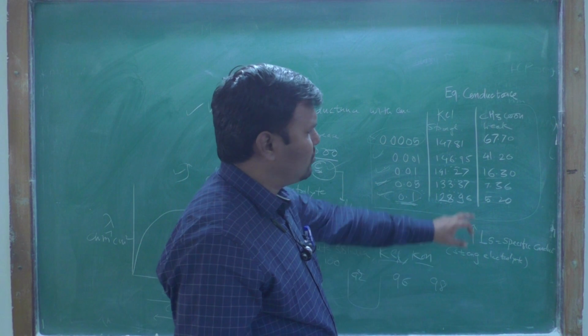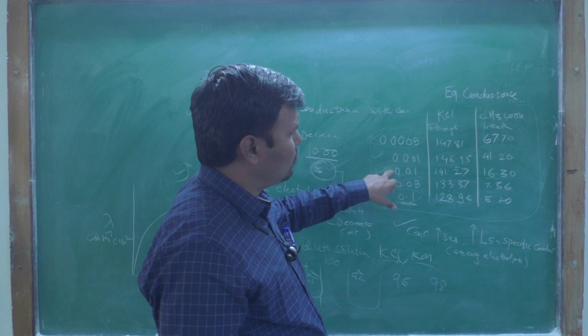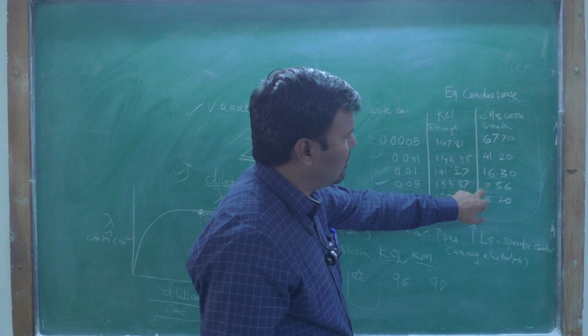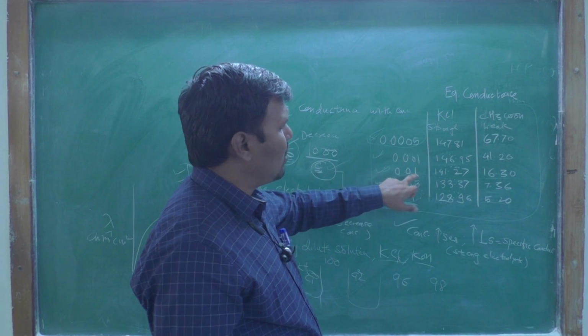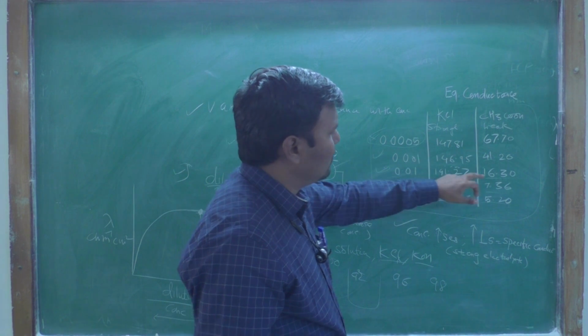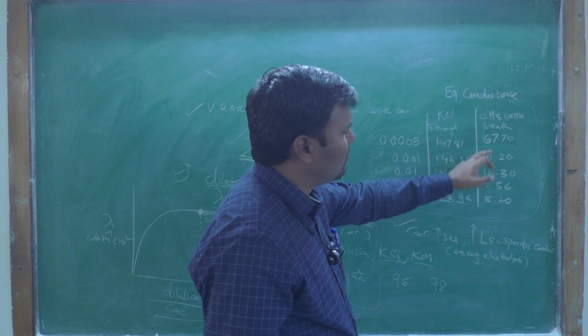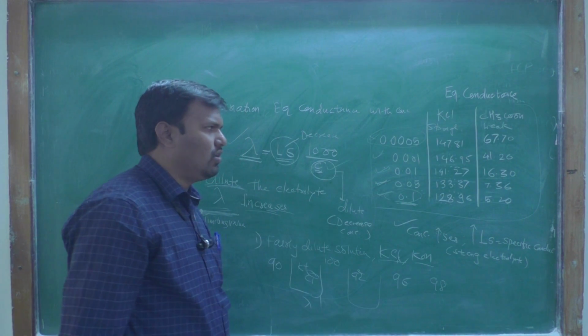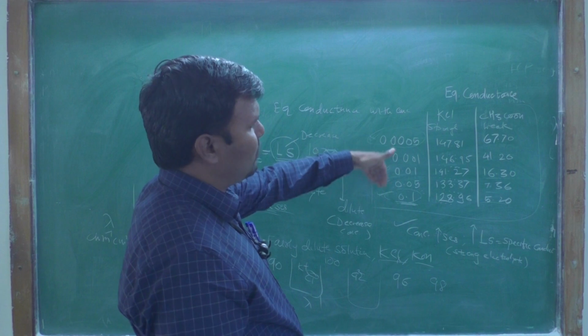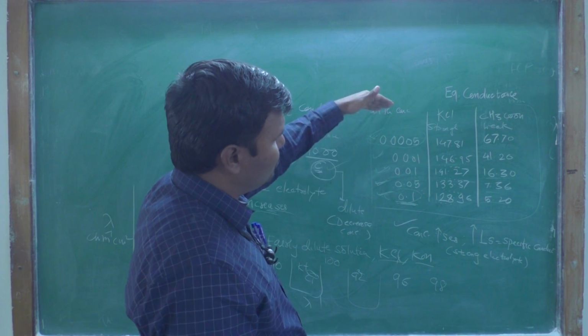And when you change the concentration, from 0.01 to 0.001, it gets double or triple. Its lambda value increases double or triple for the weak electrolyte when you dilute it.